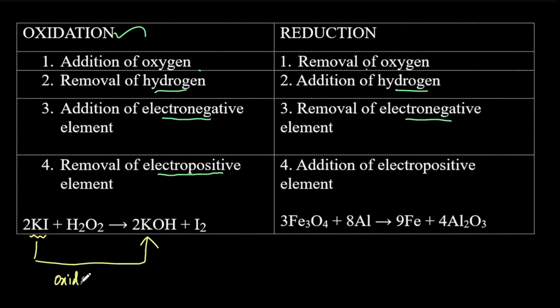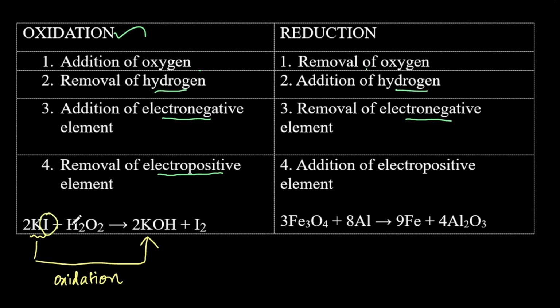Obviously it is oxidation. So for potassium, clearly there is addition of oxygen, so it is oxidation. Here hydrogen is also added, but you have to see the more electronegative element. First oxygen, so this is actually OH minus. It is an electronegative element, the negative species. So it is oxidation.